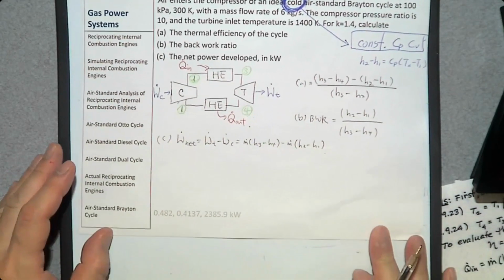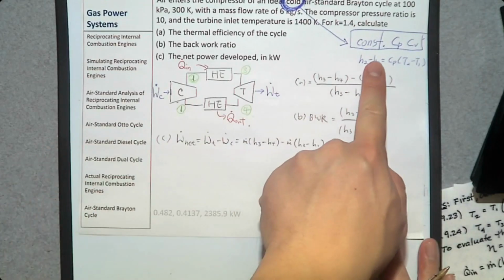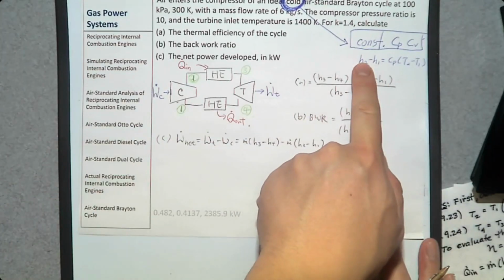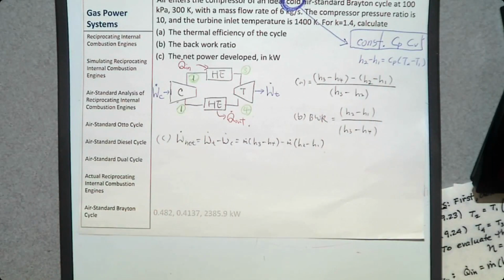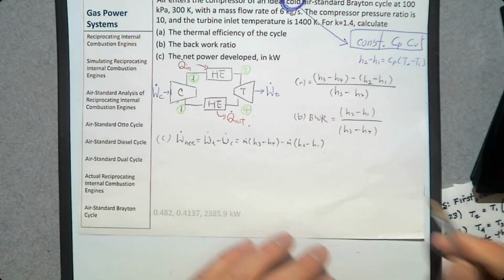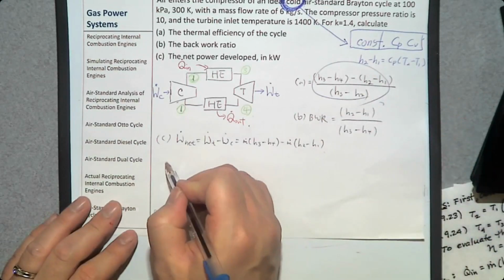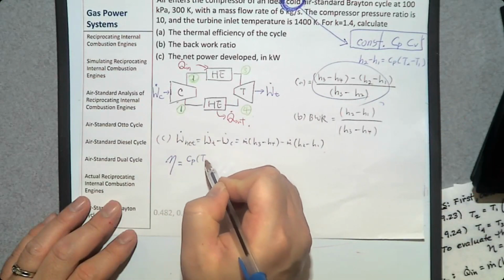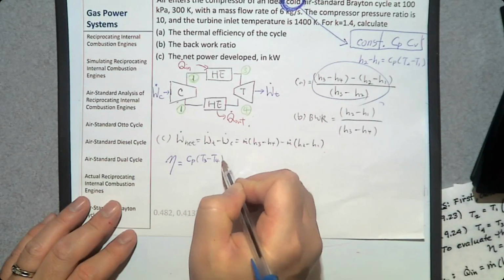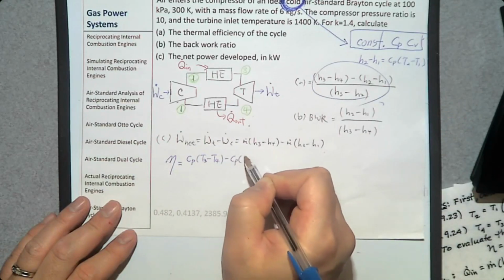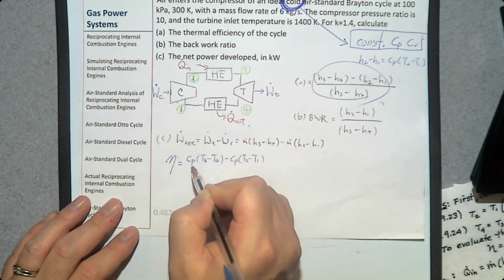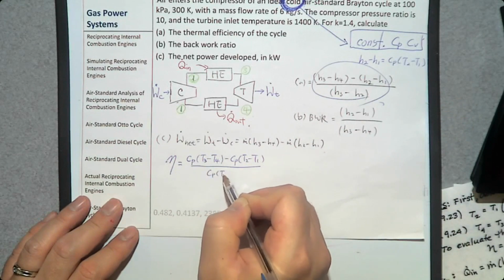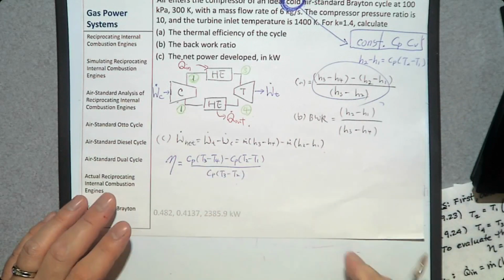So we can use this heat transfer equation. The thermal efficiency becomes Cp (T3 minus T4) minus Cp (T2 minus T1) over Cp (T3 minus T2).